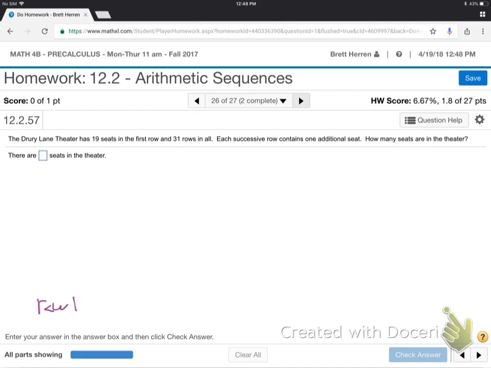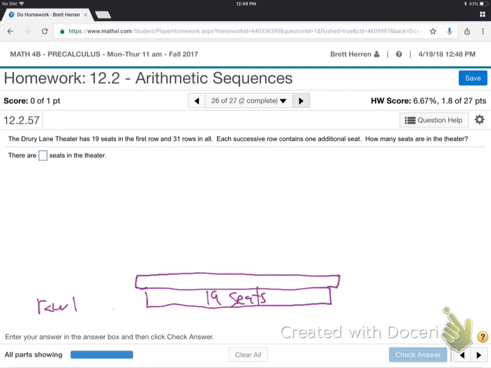So here's row 1. I'm pretty artistic. I hate to show off my art skills. 19 seats in row 1. Now row 2 is just a little bit wider. So they have one. How many more? One additional. So 20 seats in row 2.